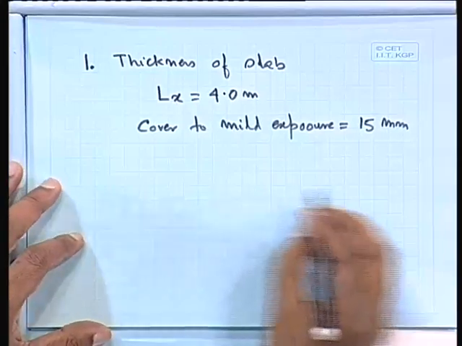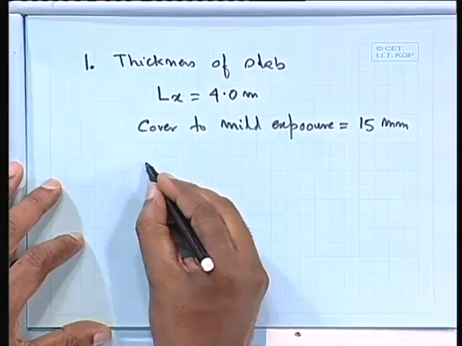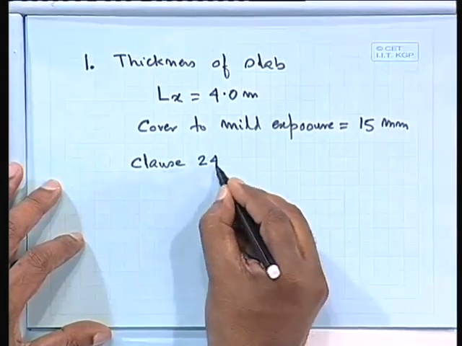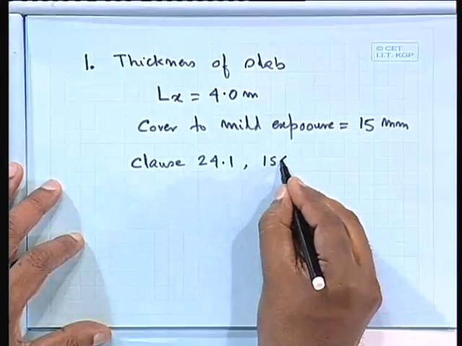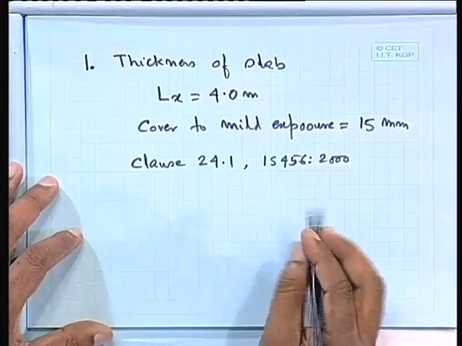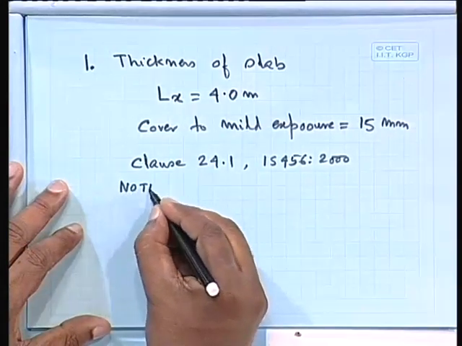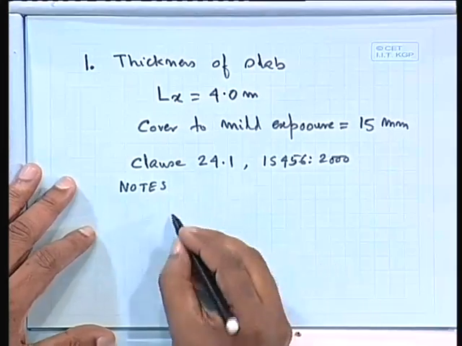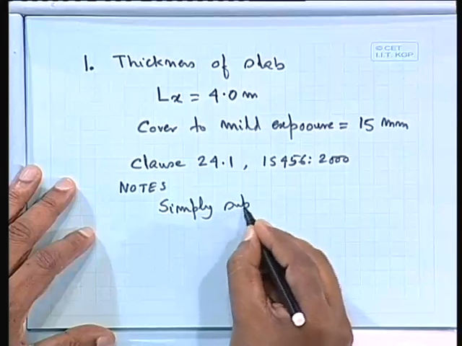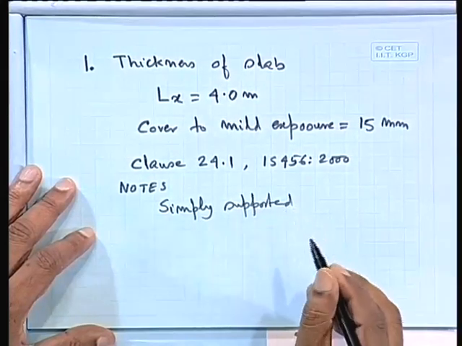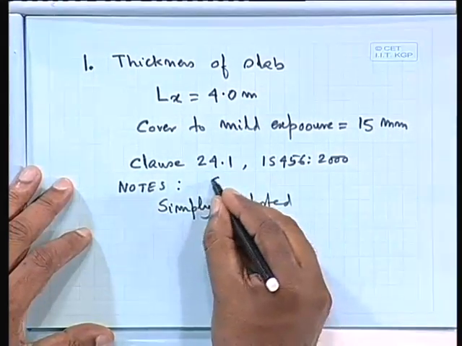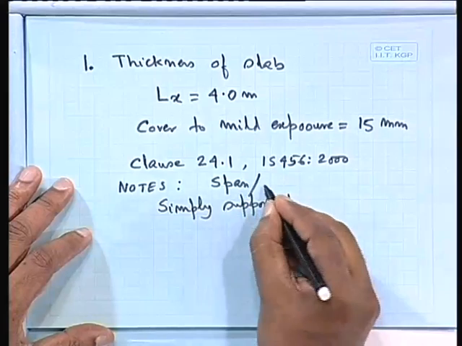Now, we can find in clause 24.1 of IS 456, there is a note where it states that for the simply supported case, this is for span by overall depth.